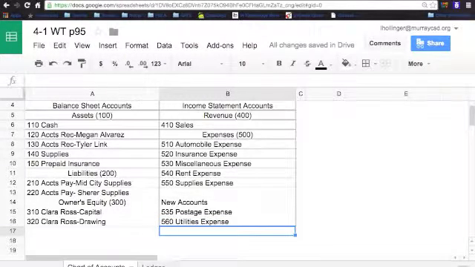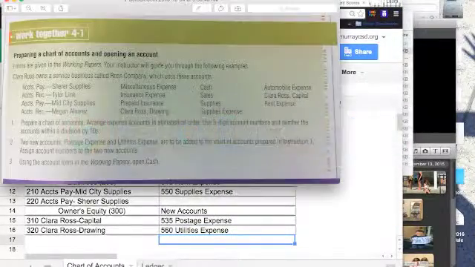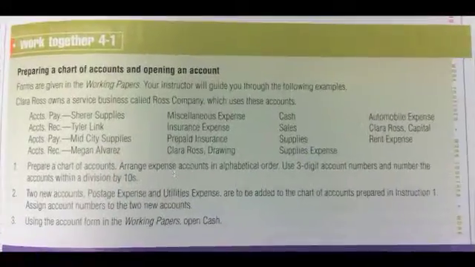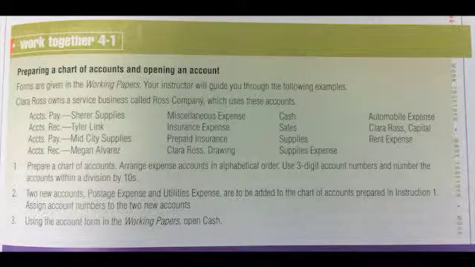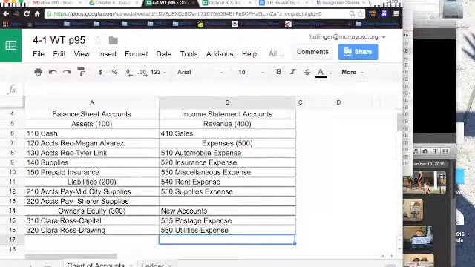All right, let's go back to the third instruction. The third instruction, using the account form in the working papers, open cash. So I'm going to show you how to open cash. Down here at the bottom, you have another tab called Ledger.